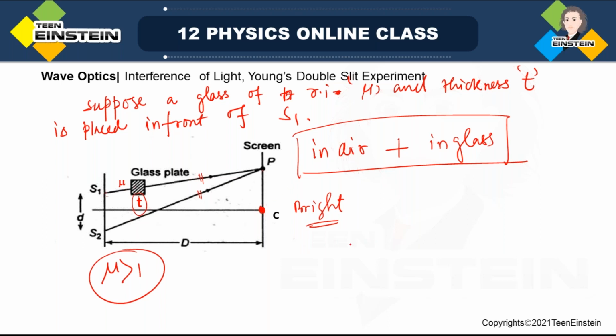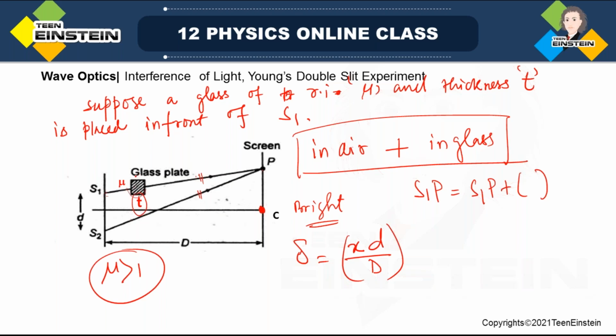See, in air we had the path difference xd by capital D. Now some path difference will be introduced to S1P. The path will not be just S1P. It is S1P plus some path which actually travels inside the glass.